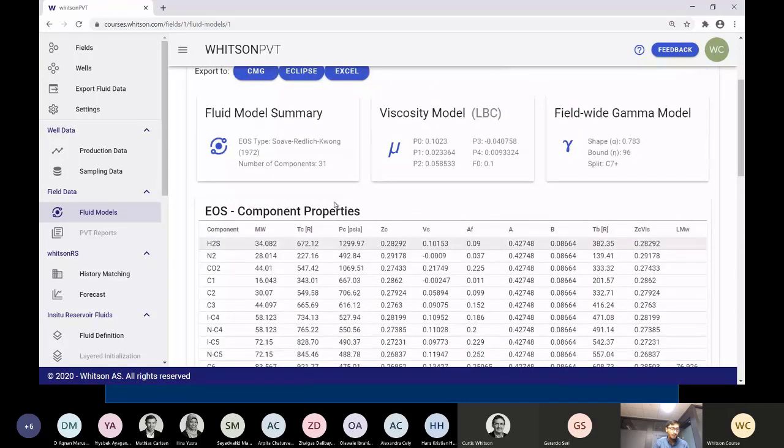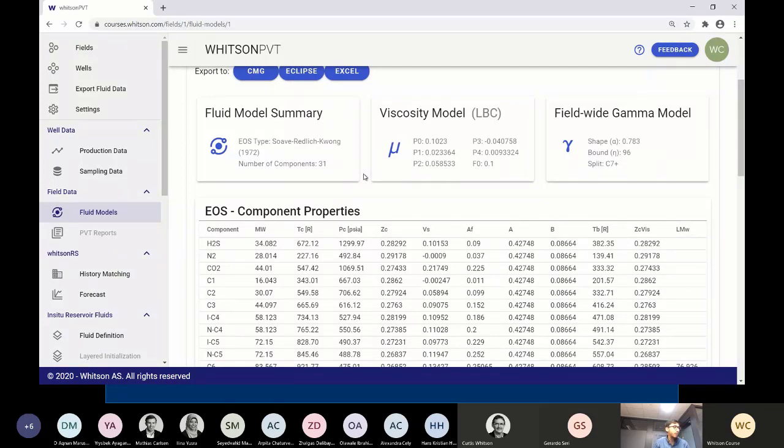The reason I'm showing it is because there are already things that we are familiar with now, and it's good to show what we have gone through with the equation of state model.